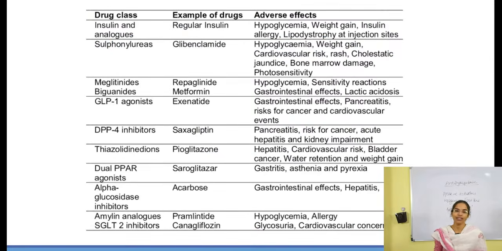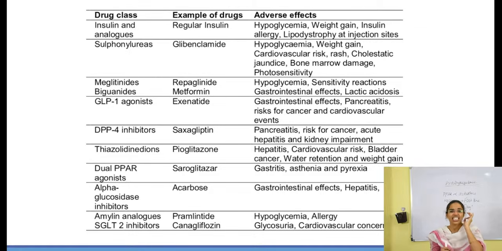Primarily, for classification of oral hypoglycemic agents, insulin is not an oral hypoglycemic agent. Though it is used, it is an anti-diabetic, but it is not taken orally most of the time. Next, coming to the sulfonylureas like glibenclamide, glipizide, glyburide, glimepiride. Since we are focusing on adverse effects, the major adverse effects will be hypoglycemia and weight gain.